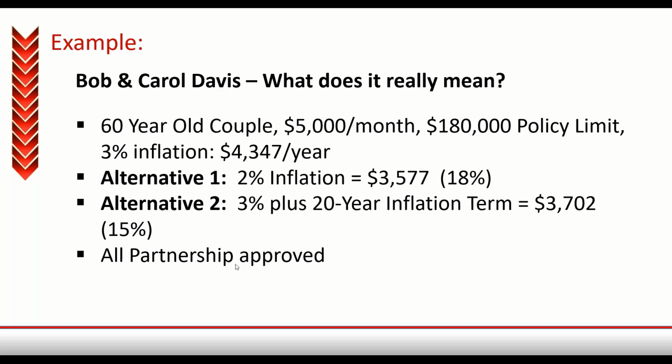Now, I'm going to show you in our example, when I'm done with this slideshow, that actually just increasing the monthly benefit and lowering inflation is a win-win. It's cheaper for the client. They actually have a lot more coverage out front. And unless they play dirty and live to be 120, it's almost a win-win situation every time.